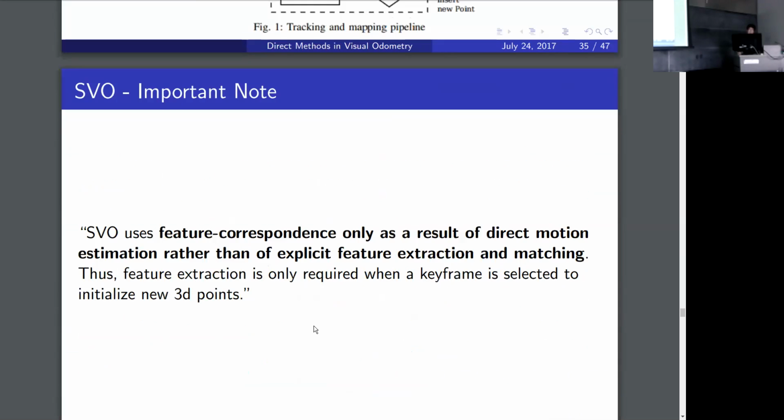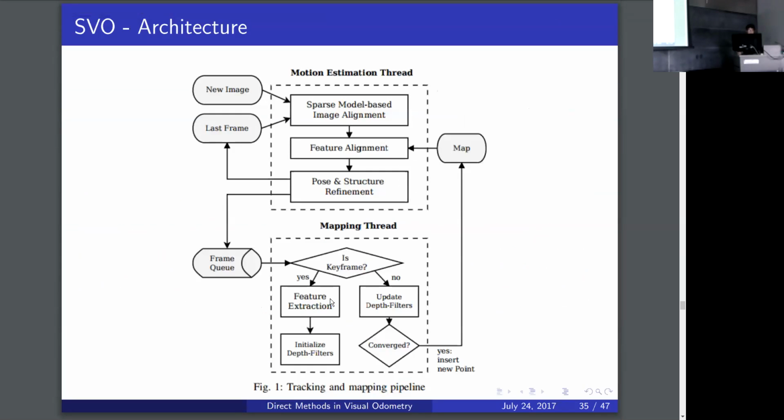It also uses feature extraction, which is unusual, because if you use semi-dense features you wouldn't expect any feature extraction stage at all, since that's feature-based.